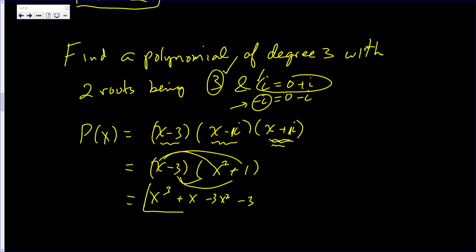There are no like terms. There is your polynomial. It has 3 roots: 3, i, the 2 given ones, and the one that we figured out by knowing that complex roots occur in conjugates.